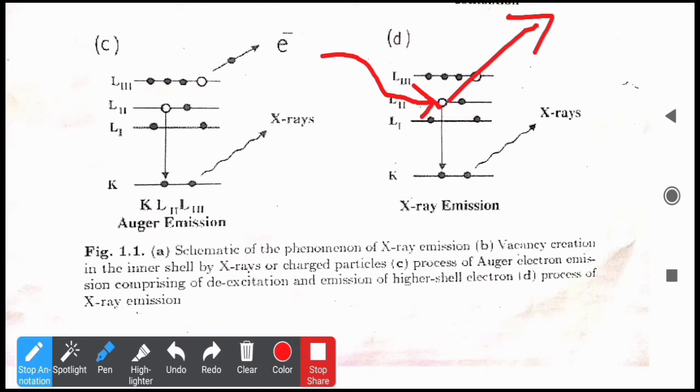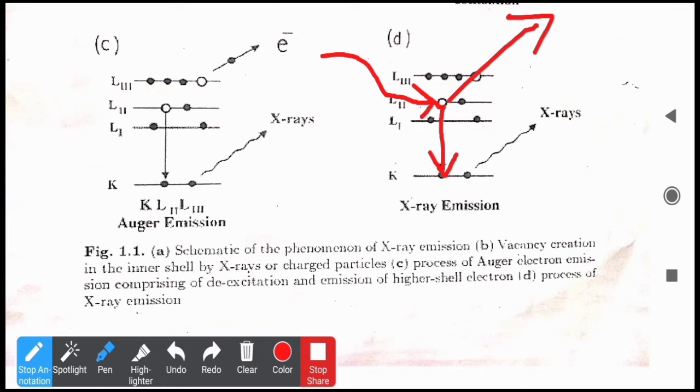In order for the molecule to come into the ground state, higher electrons may fall into lower energy orbitals, and X-rays are given out in the form of radiation. So the molecule comes into the ground state by the emission of X-ray radiation.